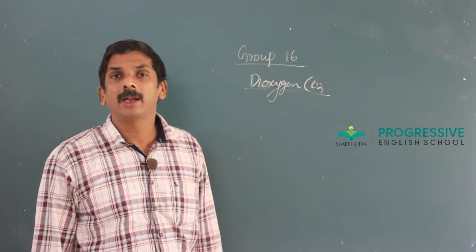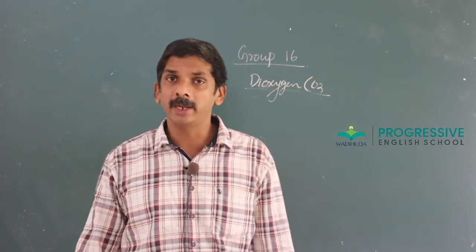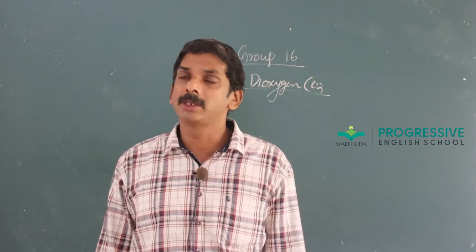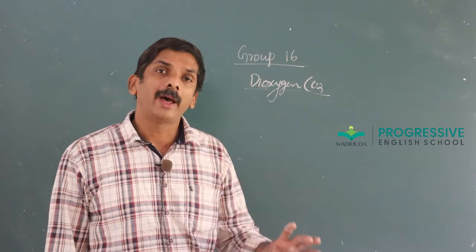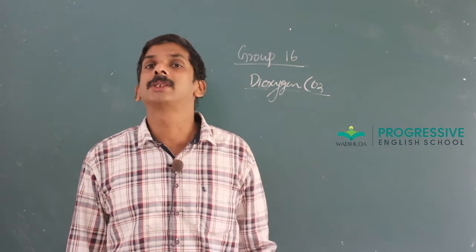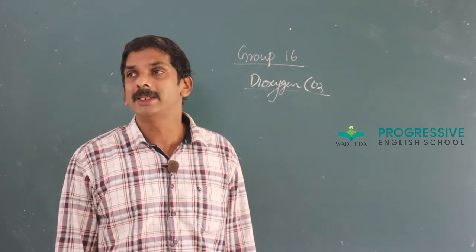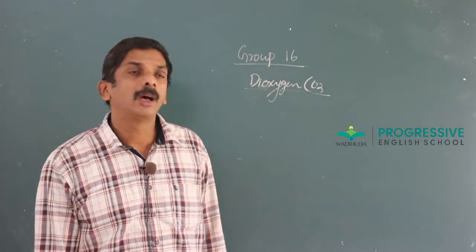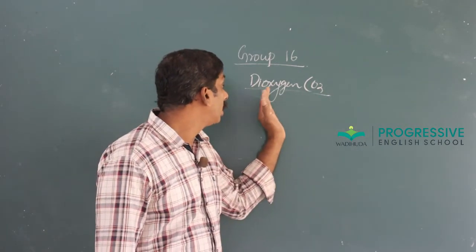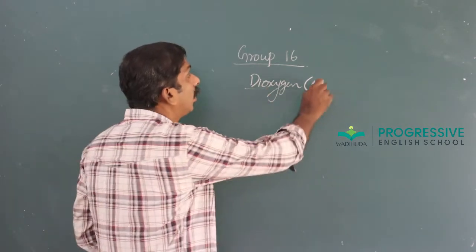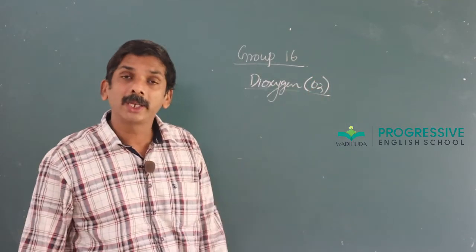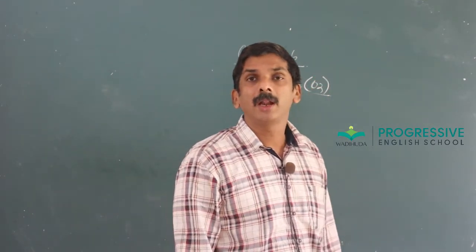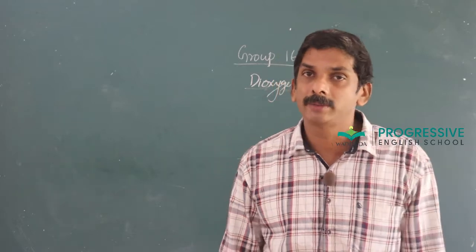That liquid air mainly contains dioxygen and dinitrogen. Dinitrogen distills at 77 Kelvin and dioxygen distills at 90 Kelvin. Dioxygen is manufactured on a large scale by the fractional distillation of liquid air.